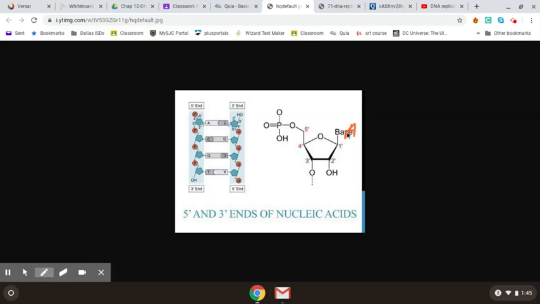What you see here is numbers 1, 2, 3, 4, 5. The number 1 stands for the first carbon in this particular molecule. So chemists, when they name compounds, a lot of times they have to use numbers to tell the person who's reading what molecule or what atom they are talking about in a molecule.